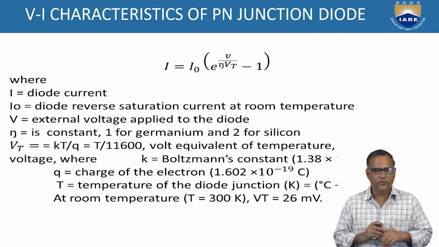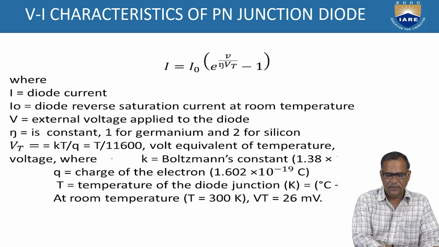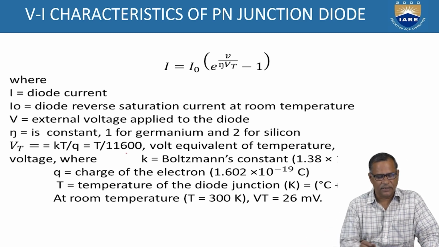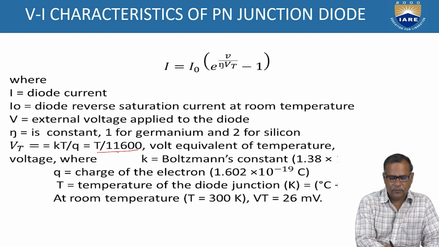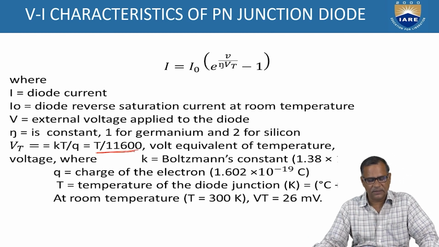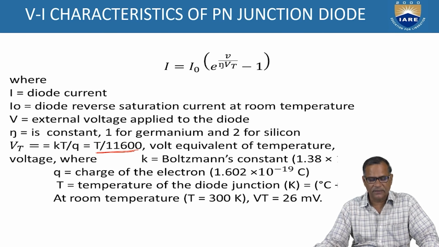And Vt is equal to kT by q, and you can also compute it as T by 11,600. That is the volt equivalent of temperature, the thermal voltage, where k is the Boltzmann's constant, which is 1.38 into 10 to the power minus 23 joules per Kelvin, and q is the charge of an electron, which is 1.602 into 10 to the power minus 19.